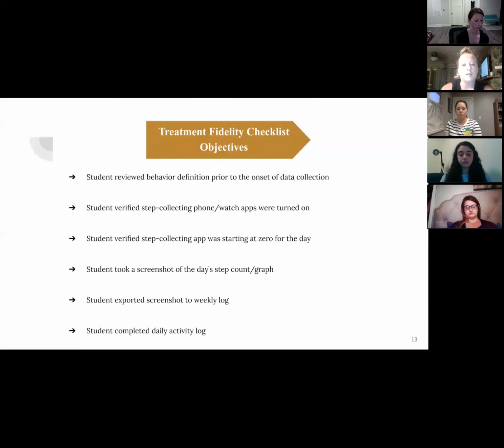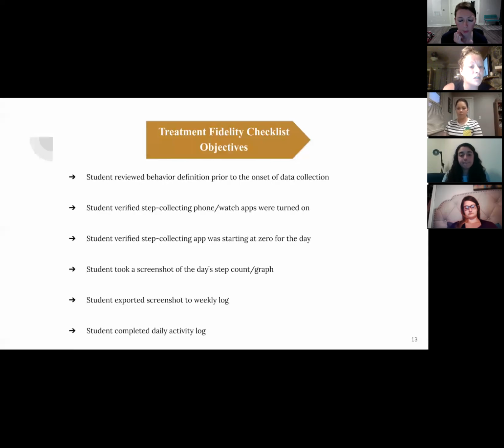These are the objectives we used for this study. The student reviewed behavior definition prior to the onset of the data collection. The student verified step collecting phone watch apps were turned on. Student verified step collecting app was starting at 0 for each day.